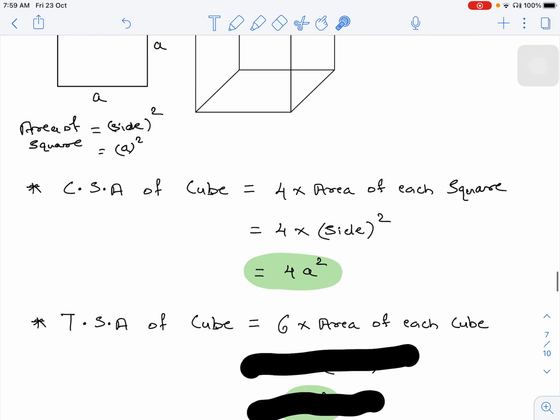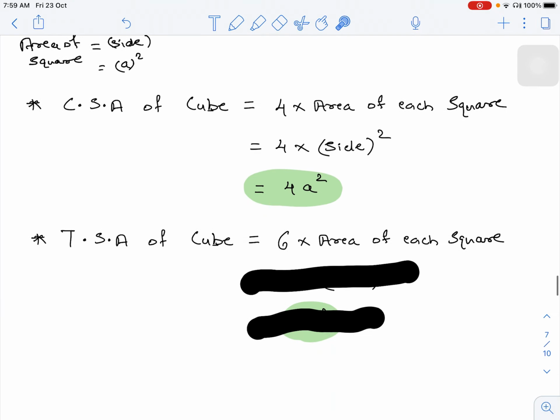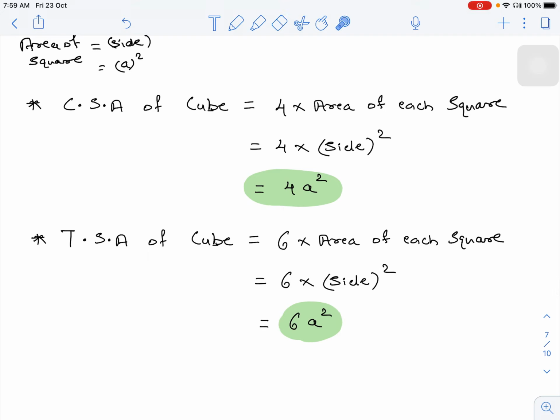So we multiply 6 into area of each square. Now what is the area of one square? It is again side square. If we consider that each side is a, then we get the formula as 6a square. So the total surface area of a cube is equal to 6 into side square.